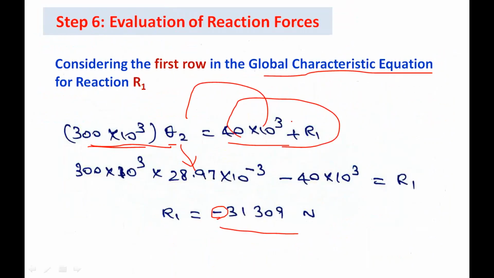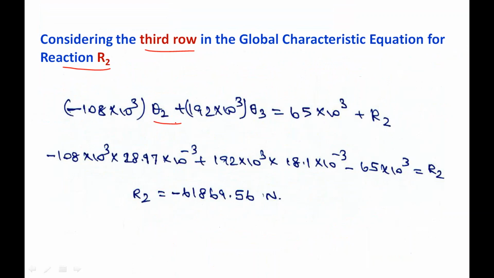Substituting the theta 2 and theta 3 values, we calculate R2 as minus 61,869.56 Newton. Again we are getting a negative sign, which means this is also acting opposite to the assumed direction.